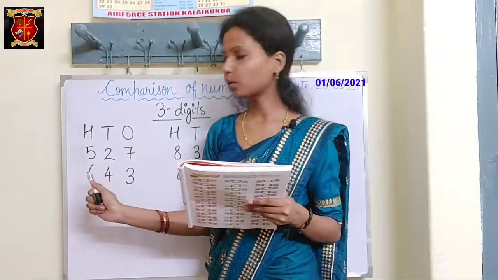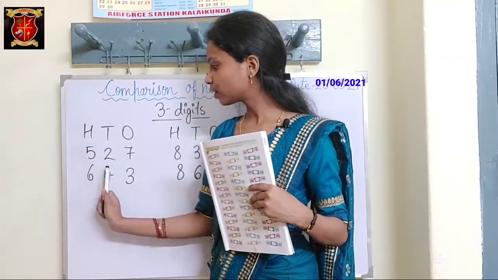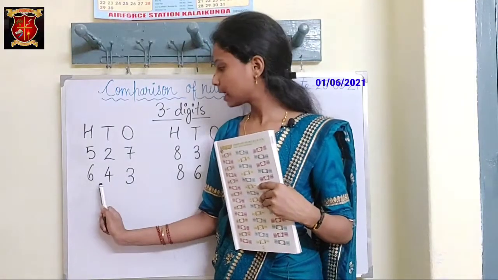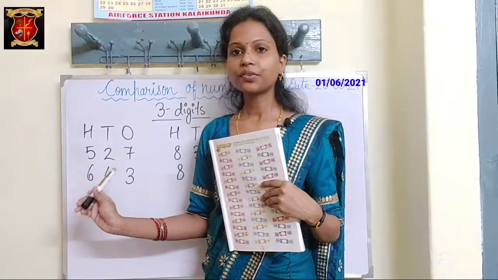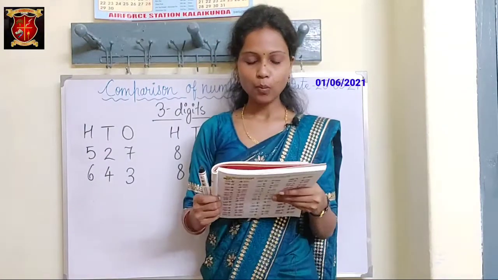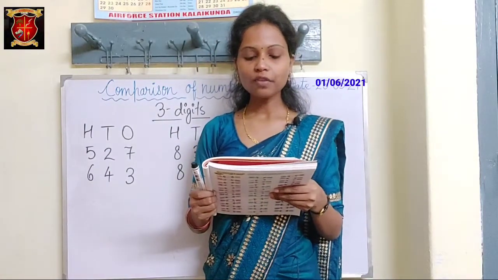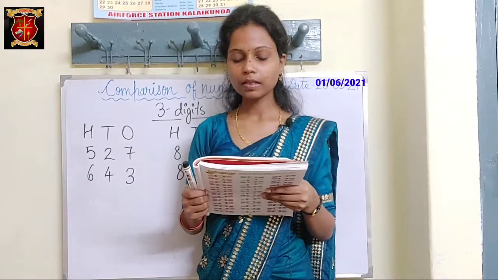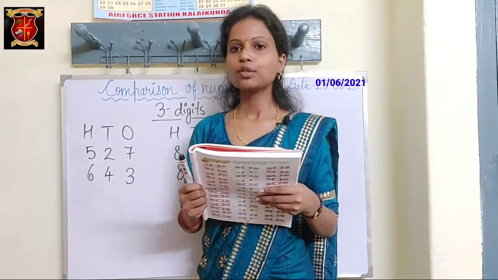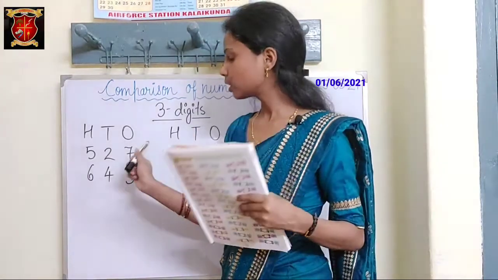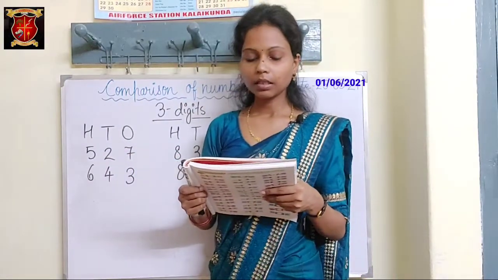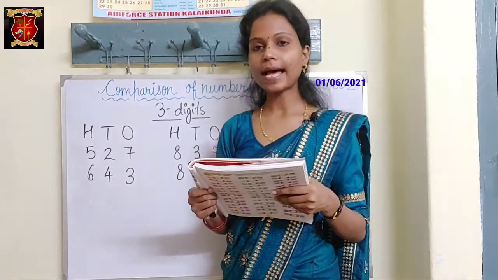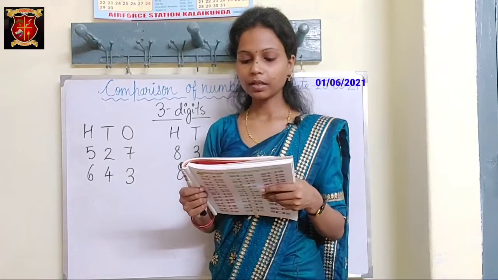Okay, so I have written both the numbers here. 527, 643. So both are 3 digit numbers. Next one, which of these two numbers is greater? So we have to find out which number is greater. Here each number has 3 digits. Okay.